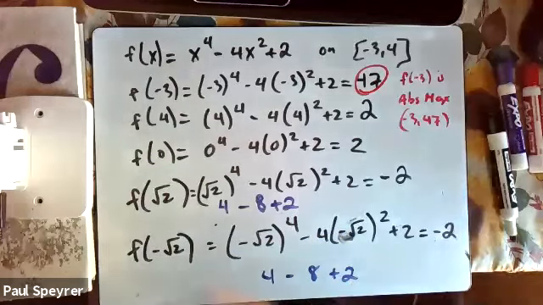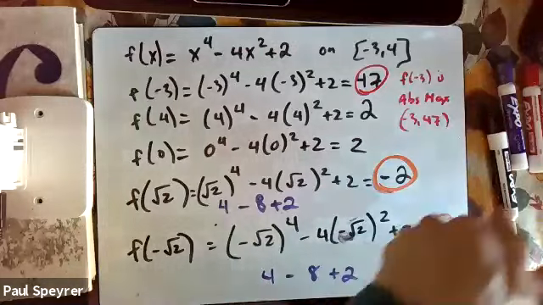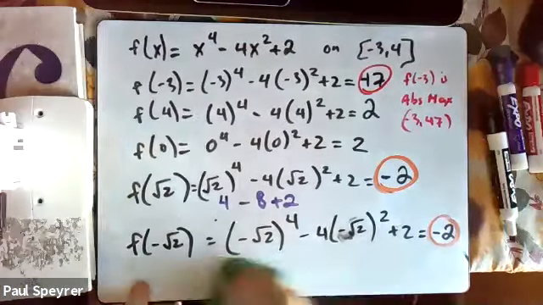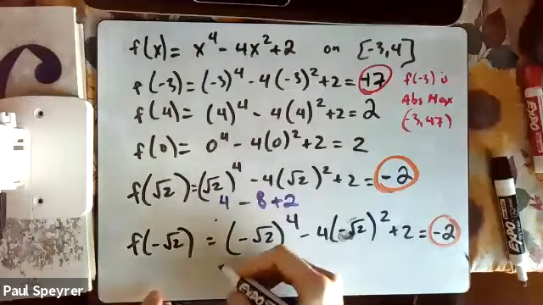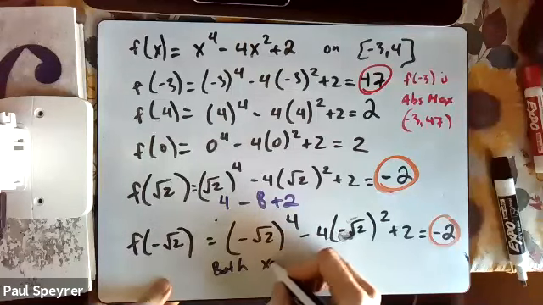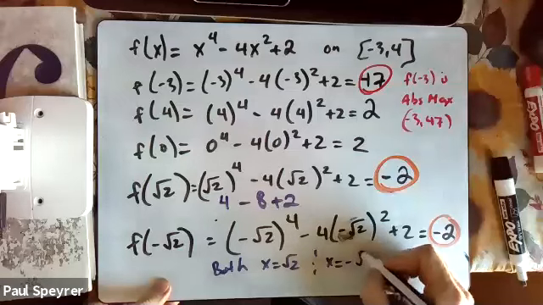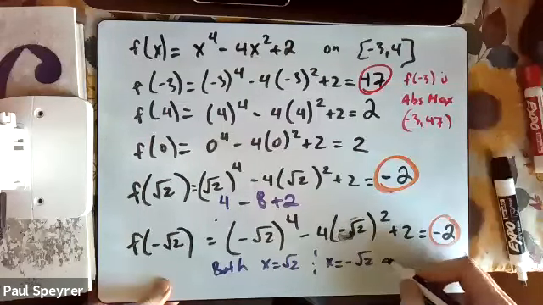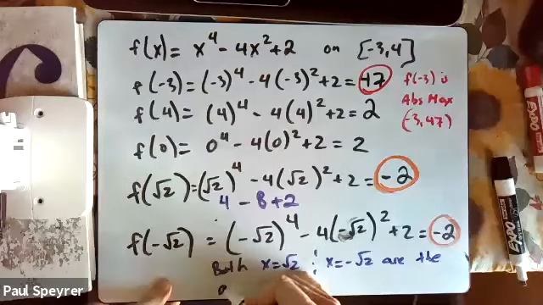So in this case right here, both x equals √2 and x equals -√2 are the absolute mins.